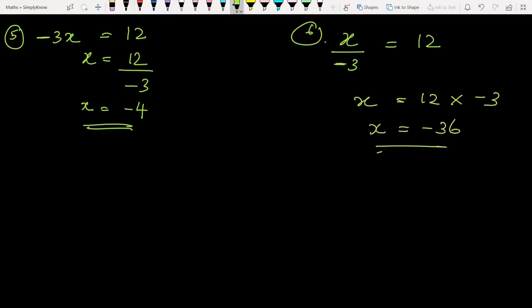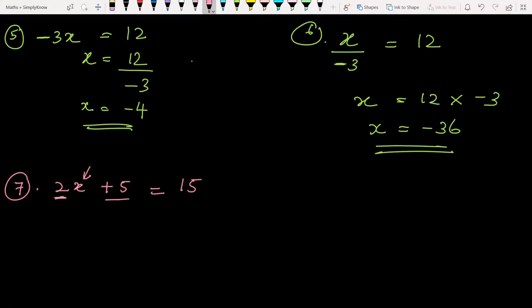x equals -36. Okay, seventh equation is 2x plus 5 equals 15. Now, how do we solve this? With our unknown term, we have +5, addition 5, and also 2 with a multiplication. Remember, first of all, you need to eliminate this +5. Do not go for this 2, right?